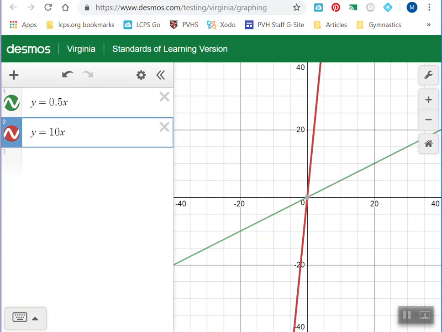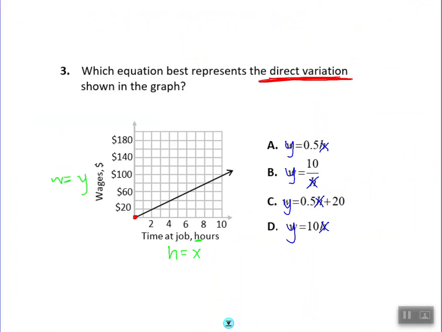Now I need to decide if the green line or the red line matches my graph. To figure this out, the best thing to do is to pick a point along the line. I'm going to pick 2, 20, and then see which line goes through that point 2, 20.